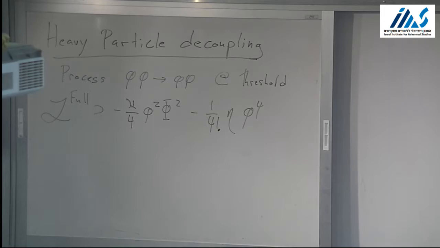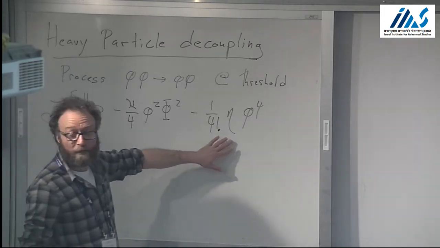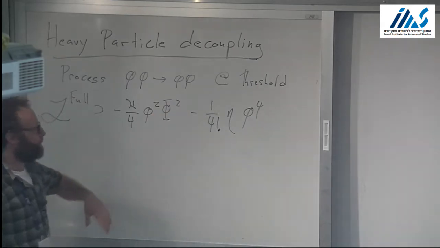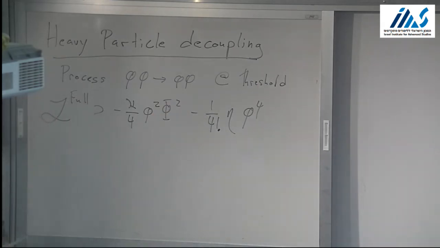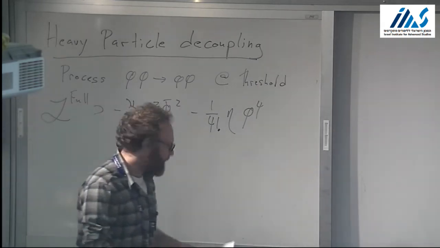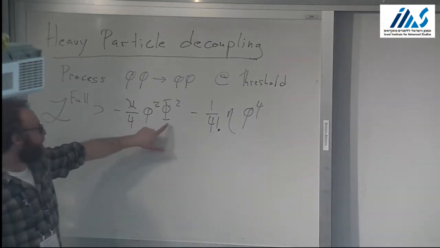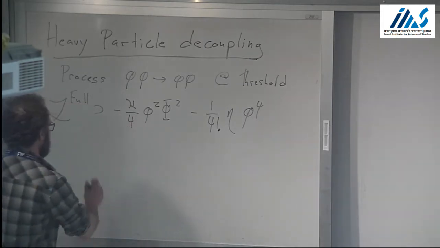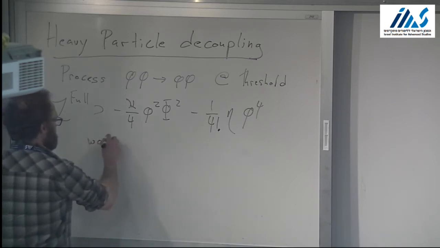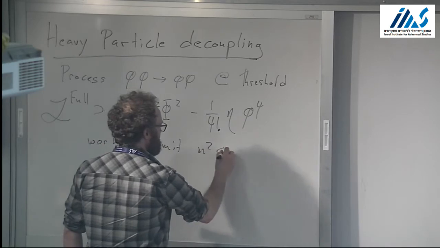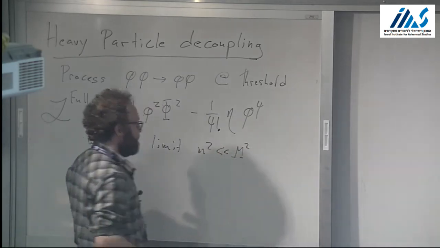Actually, yesterday we always called this C4 because we were working in the effective theory, but when I talk about the quartic in the full theory, I'll call this thing eta. I'm not going to write them, but there are 2 mass terms. This thing has a mass little m, this thing has a mass big M, and we want to work in the limit where little m squared is much, much less than big M squared.